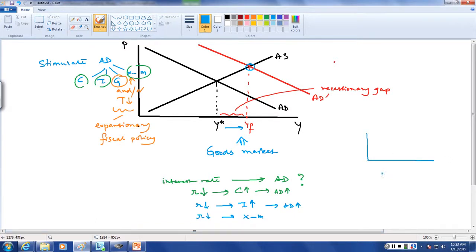So this is the market for dollars. So here we have the quantity of dollars, and here we have the peso price of $1. This, of course, another name for this is the exchange rate, isn't it? Right? And we have a demand curve in this market, and we have a supply curve in this market.